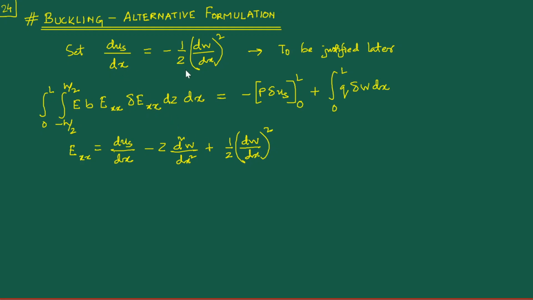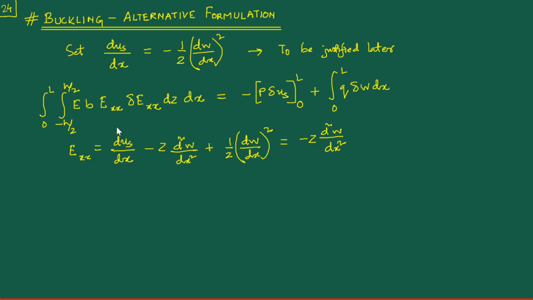Now, because I'm going to utilize this particular expression, it's my choice as of now, it's going to be justified in a while. What happens is that this expression of Exx gets really simplified to just this single term.